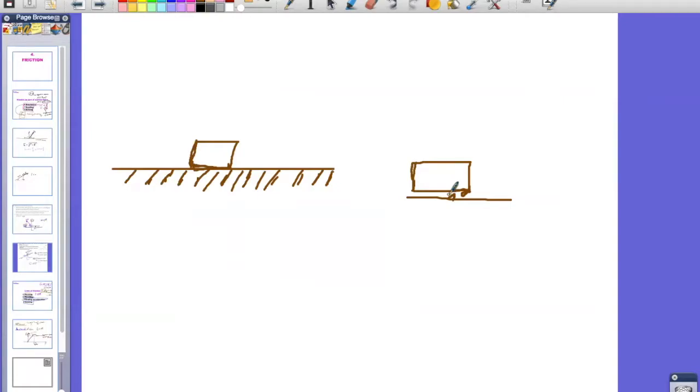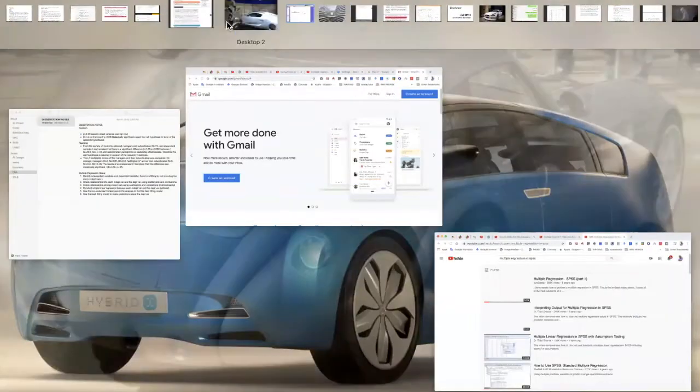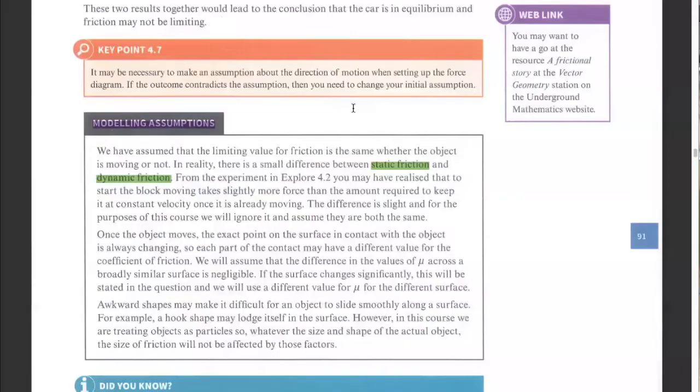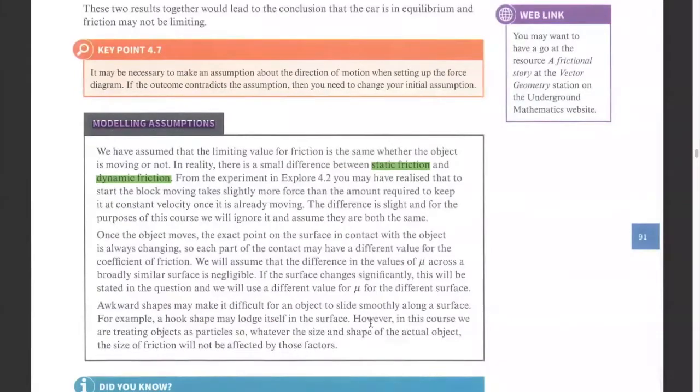So effectively, the frictional force will change a little bit when this object is passing through this kink. But again, in this course, we are treating objects as particles, whatever the size and shape of the actual object.